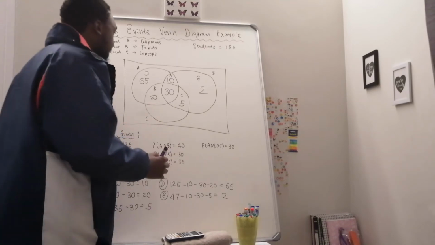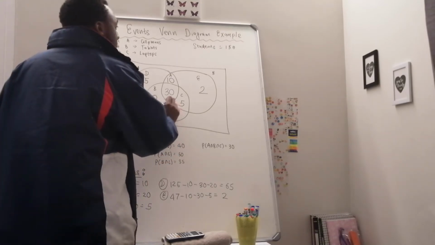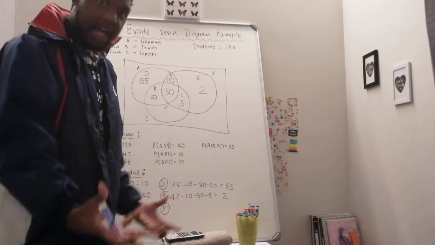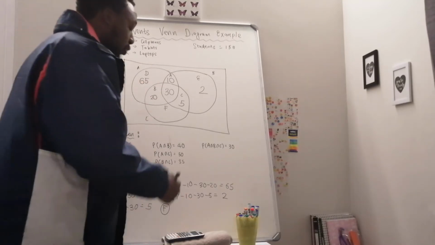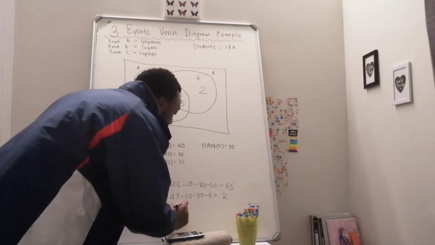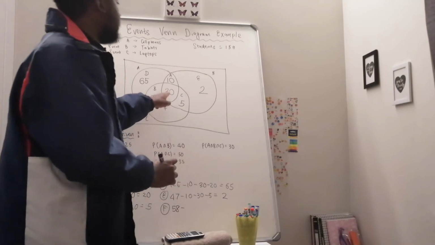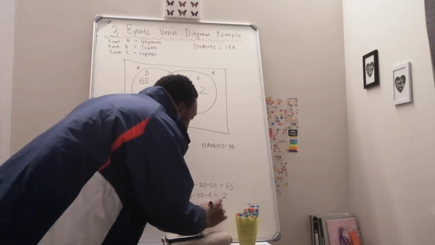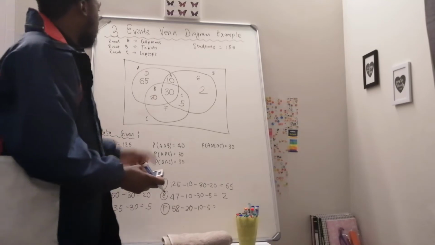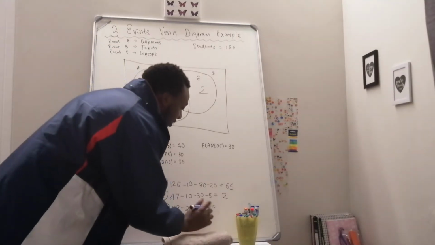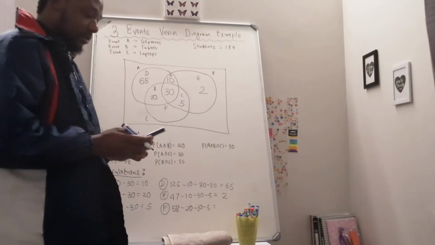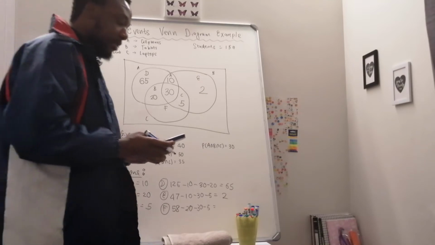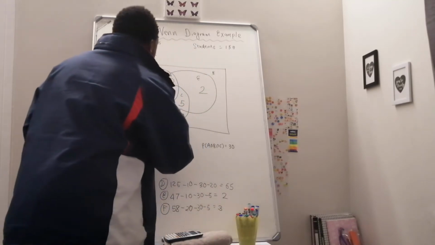And the last one to find is C, which I'll call area F. Like I was saying, you take the total C, 58, minus 20, minus 30, minus 5. I get 3.